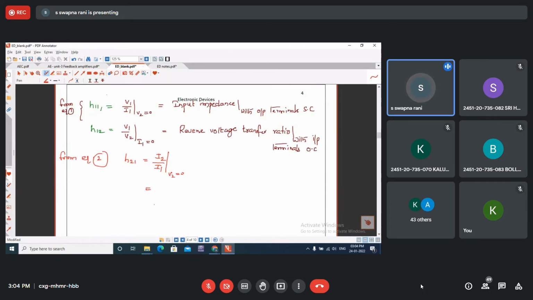I2 is the output current and I1 is the input current, so output current by input current is the current gain. See, we called the earlier one reverse voltage transfer ratio, so here I will call it forward current gain.